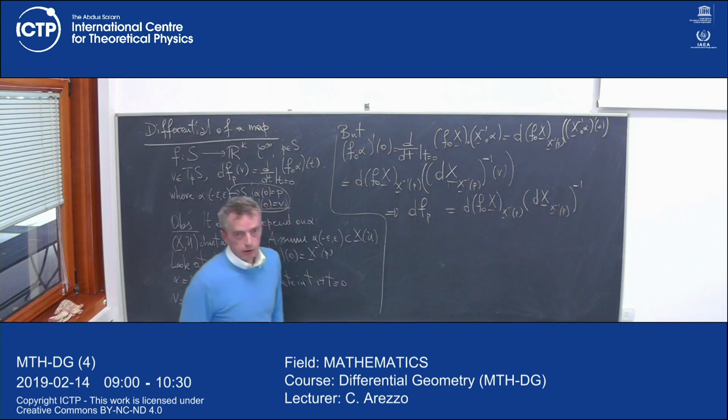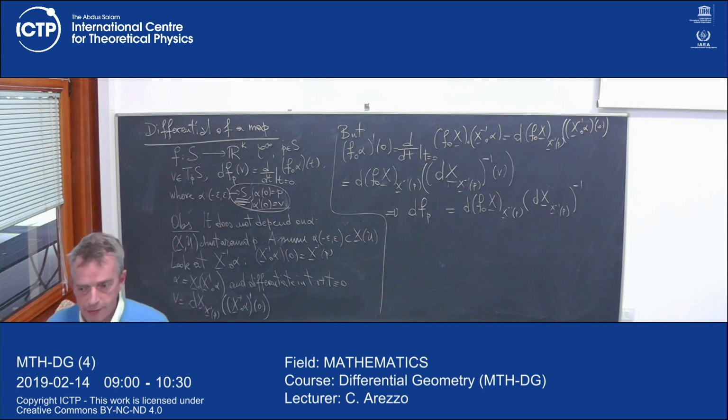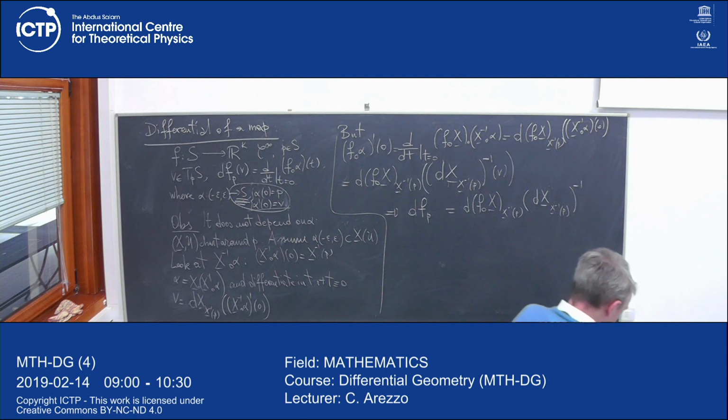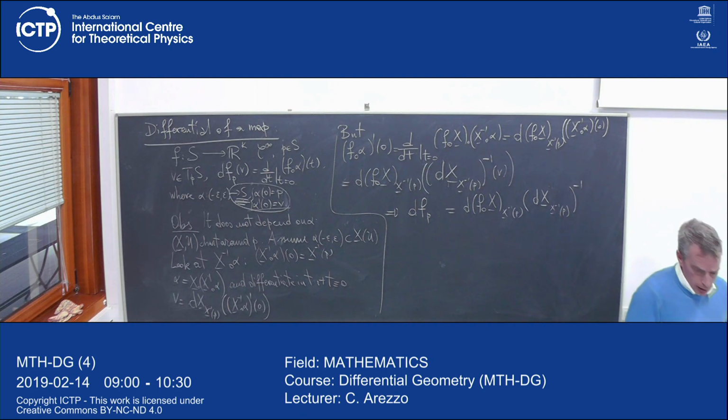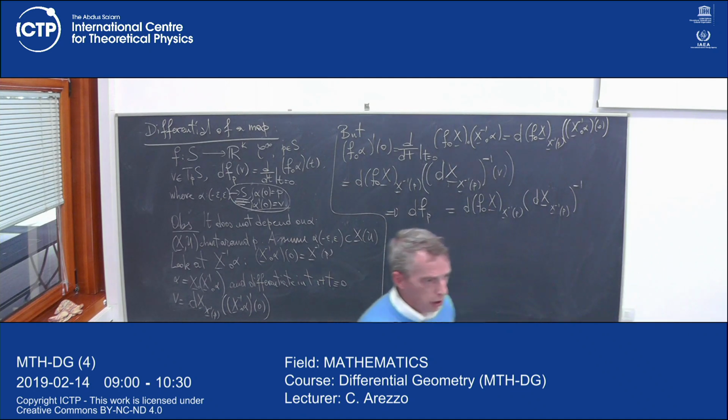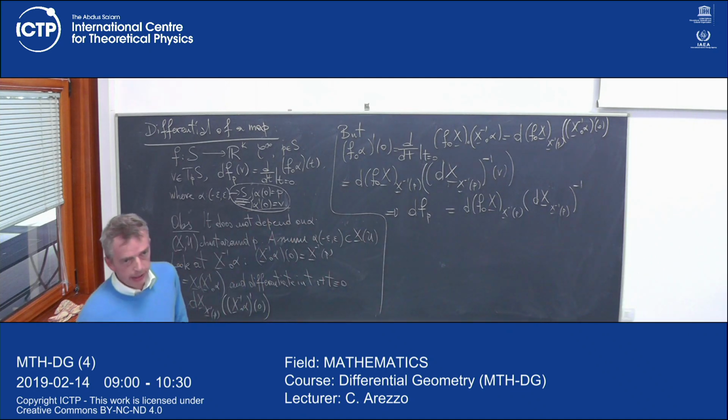As maps, because every time I plug in v, I get the same thing. Okay. And now this proves exactly what I want. Exactly the same philosophy. The magic happened again.